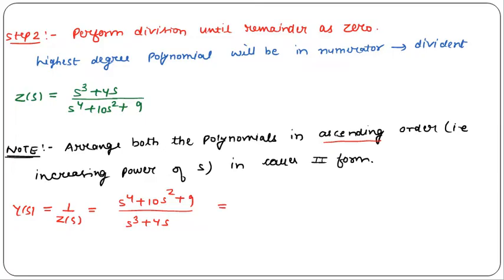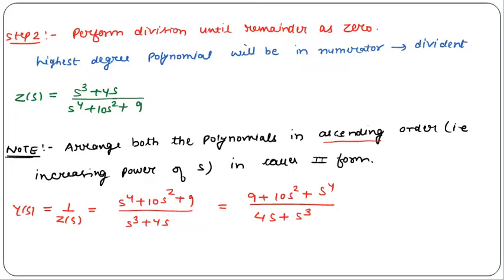So first term will be 9, then we have 10 into s square, then we have s power 4. So now the polynomial is in the ascending order because the s power is increasing. Similarly we will do for the denominator polynomial, so this will be equal to 4s plus s cube. Now we have written this in the increasing power of s.